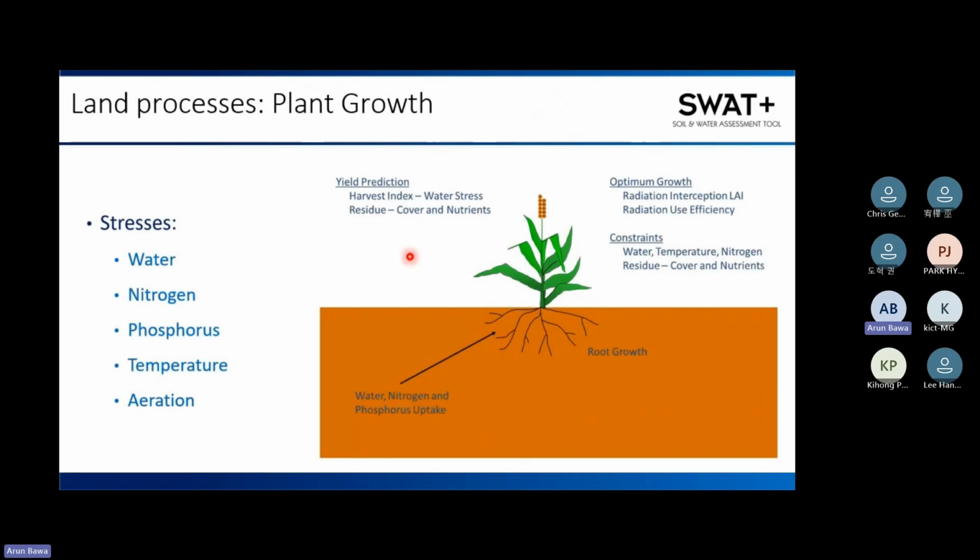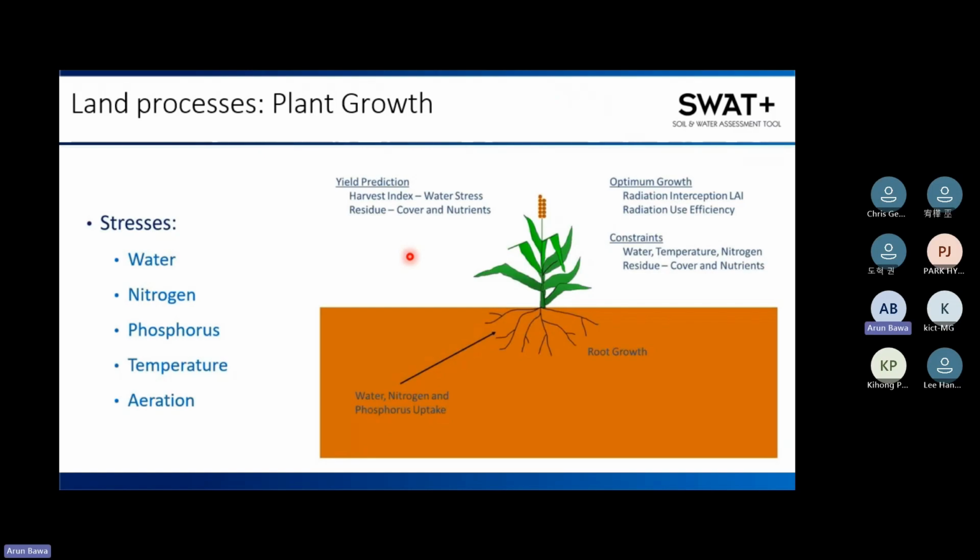And then it knows on that particular day what my leaf area index is, like how much my plant has grown on that day, and how much solar radiation I can use efficiently based on the leaf area index. After that, it knows that under these conditions, how much I can grow in one day. That is what we call optimal growth.